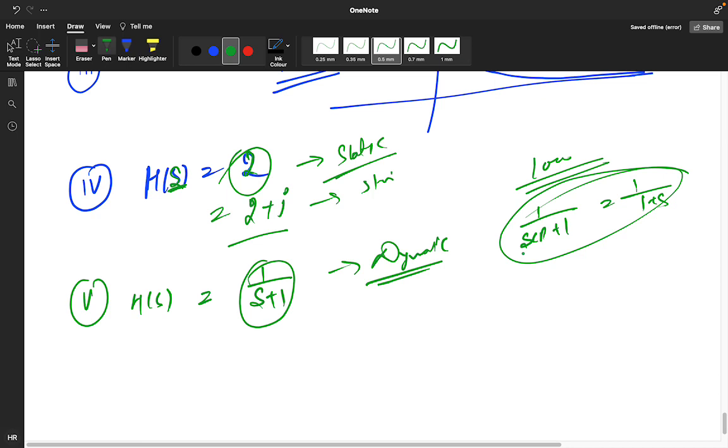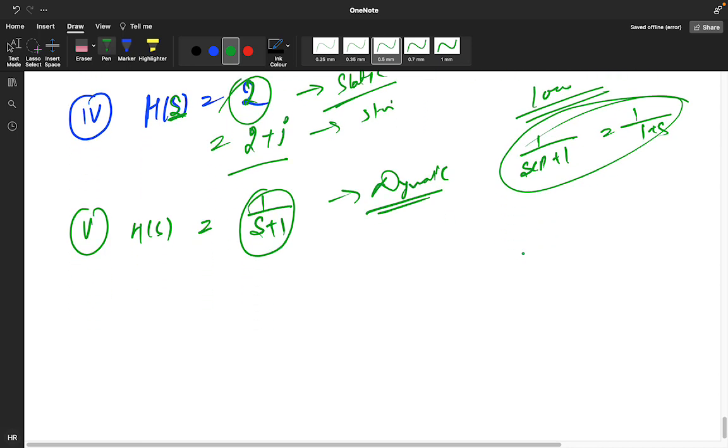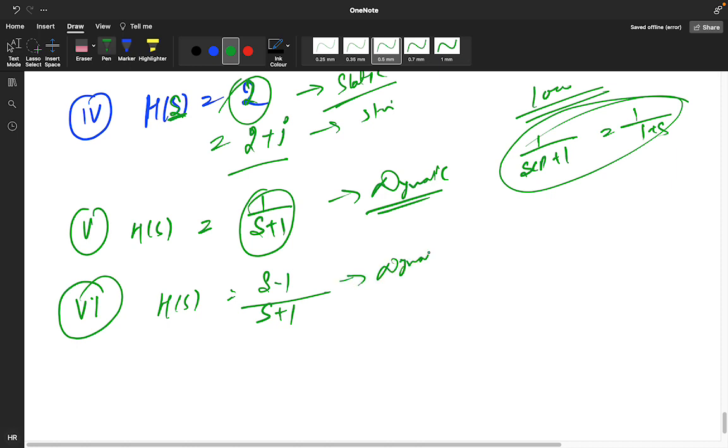That is the low pass filter. And if you have h of s equals s minus 1 divided by s plus 1, is it dynamic? There is no constant value, so it is dynamic only. And this is the example of an all pass filter.